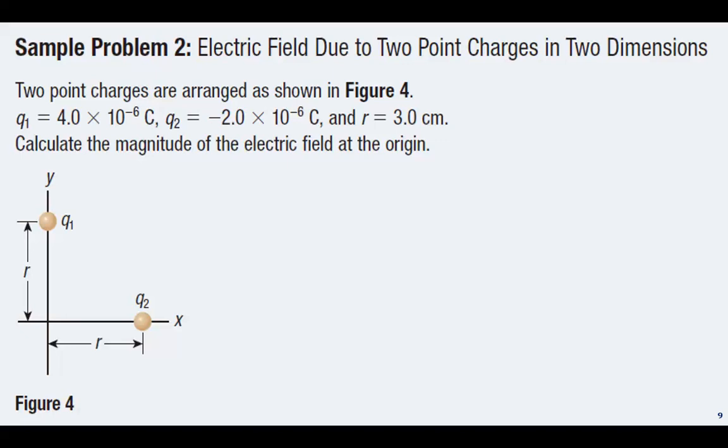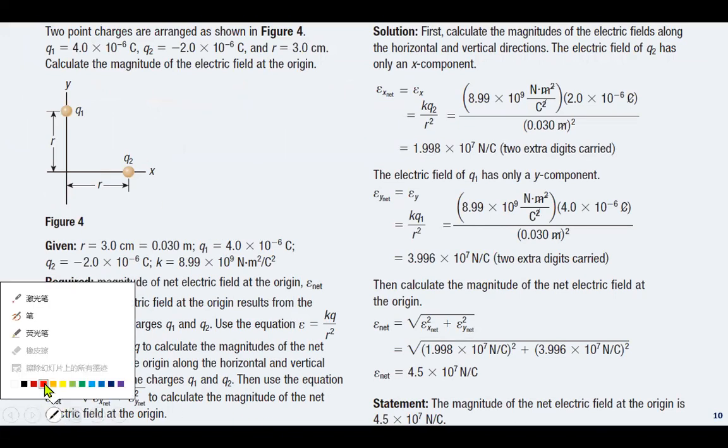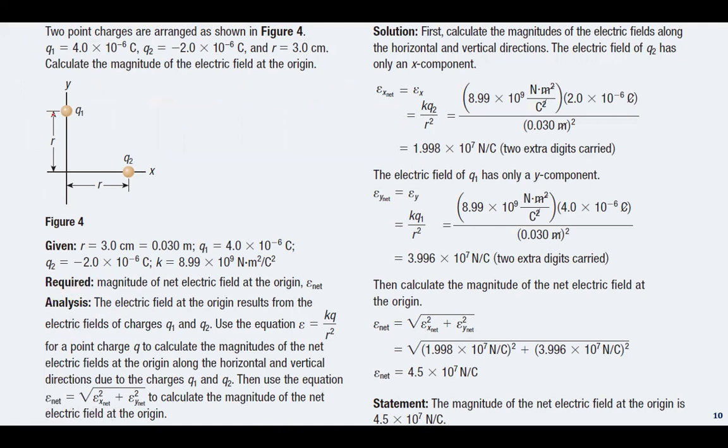All right, let's have a look at the solution together. Note that at the origin point, the electric field due to Q1, because Q1 is a positive charge, should be pointing this way, right?